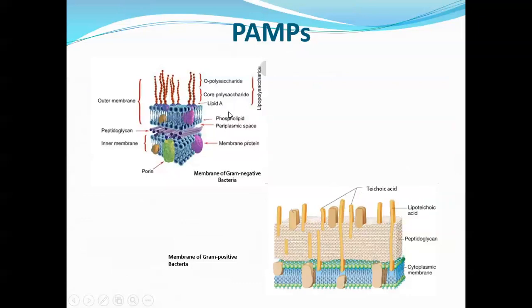And you'll learn more about this in your microbiology lectures. These are lipoproteins on gram-negative bacteria, and these are the teichoic acids on the gram-positive. These repeated units of structure. And these are seen by the pattern recognition receptors on phagocytic cells.